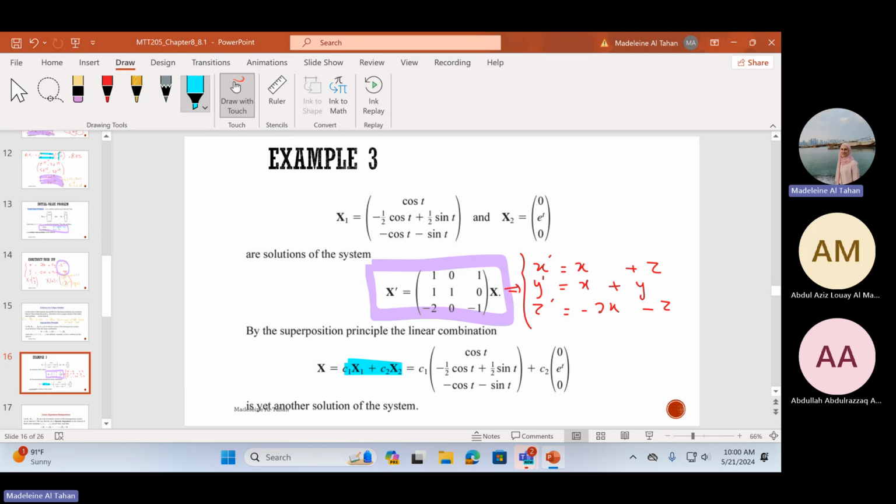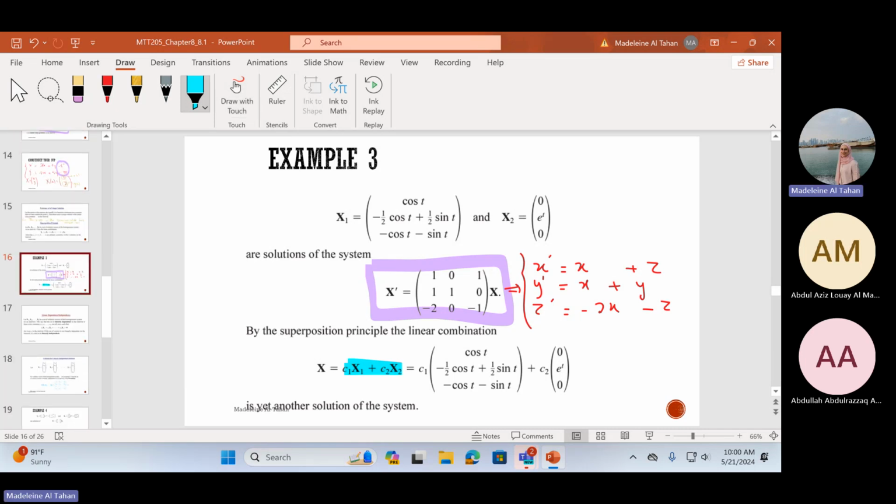So what do we care about in solutions? When we give different solutions, we care about them being dependent or independent? Independent. So now, the next step, we need to talk about linear independence. When can we say that these solutions are dependent or independent on each other? Okay, miss? Now, logically, if we look at these two solutions, are they dependent? If we have two vectors, how do we determine whether they are dependent or not?